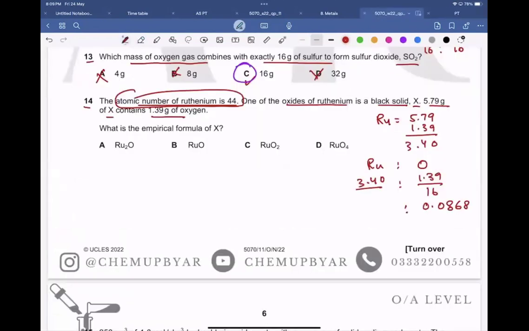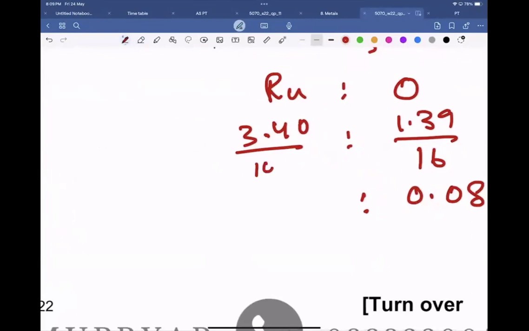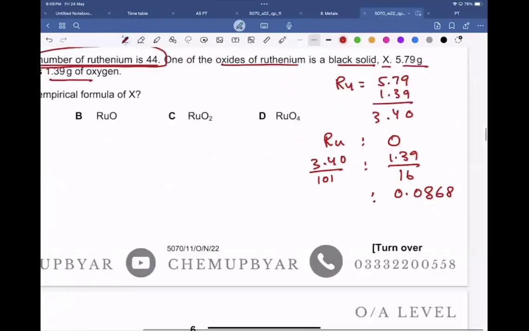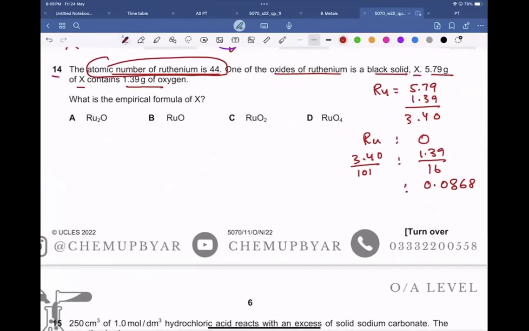So these kinds of mistakes happen, we have to read the question carefully. I overlooked the statement and did the wrong thing. Now 3.40 divided by 101. So I'm getting 0.0336. So it is smaller.